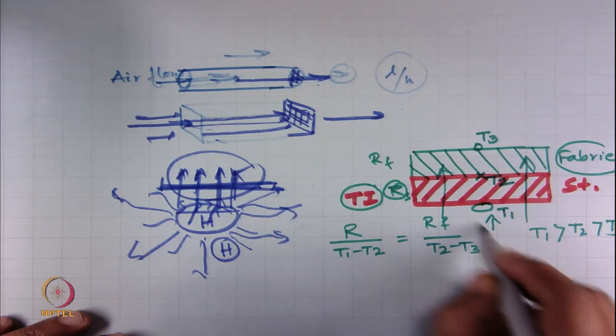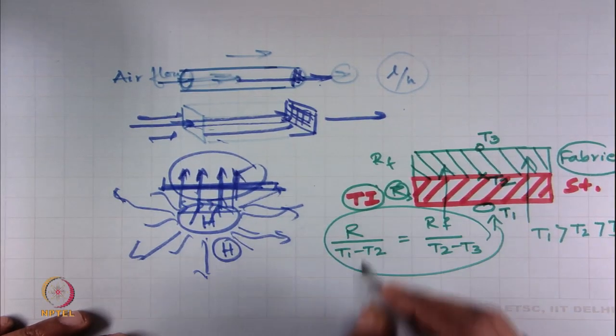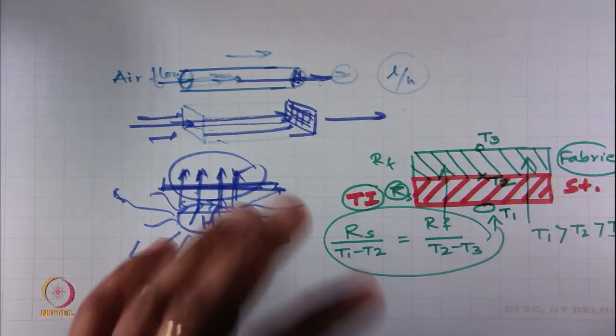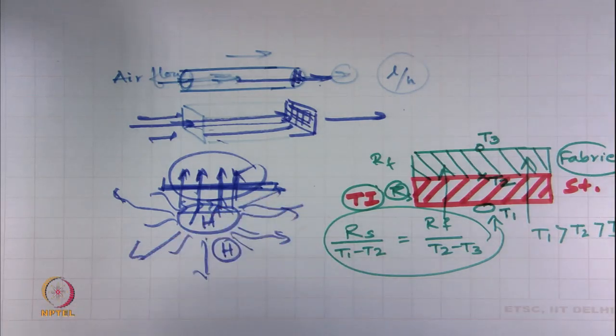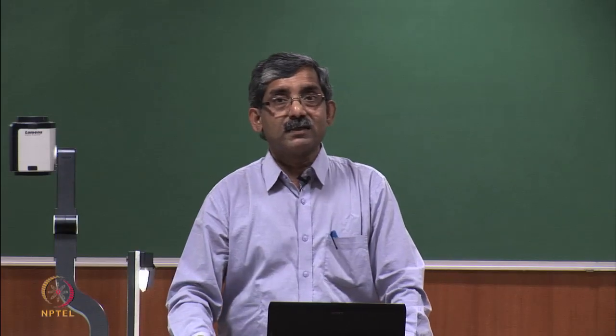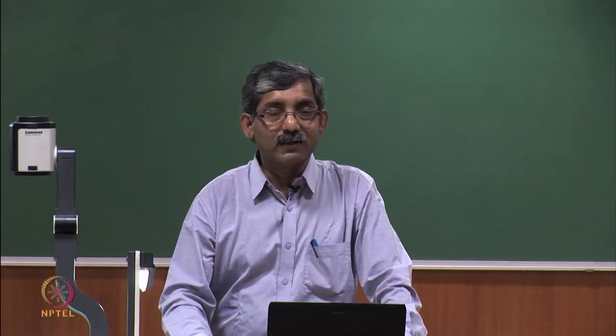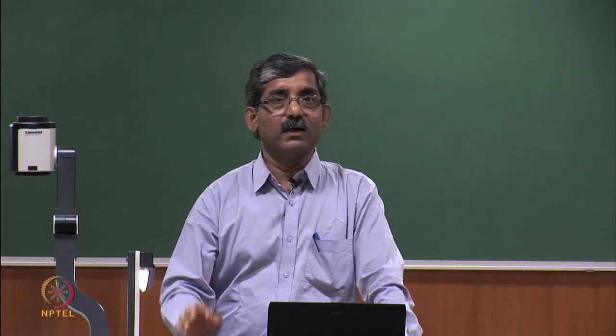So, using this simple basic equation, with R standard known, we can calculate indirectly the thermal resistance of a fabric. This technique, this principle, is used in the TOG meter.